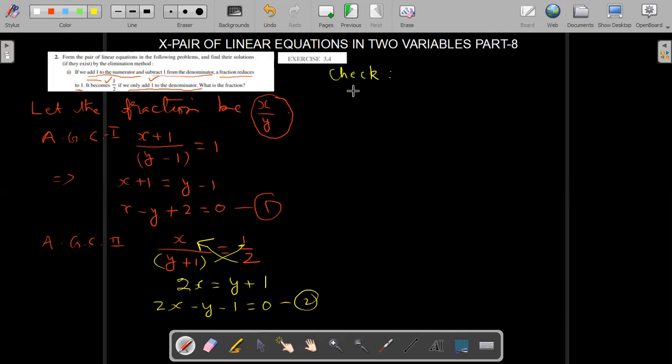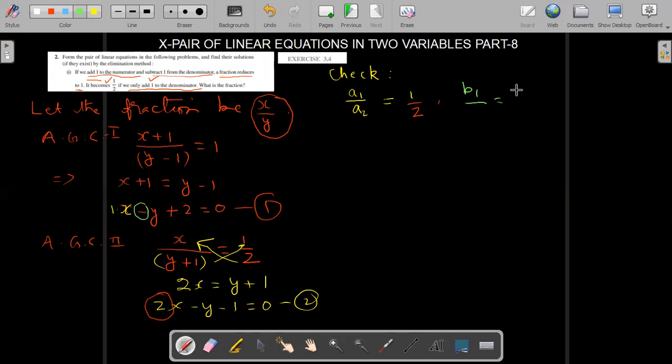So we have to check a1 upon a2. a1 is the coefficient of x, before x, here 1. Okay, so 1. Then a2 is this one, so a1 upon a2 is 1 by 2. Then b1. b1 is the coefficient of y in a1, b1, c1.